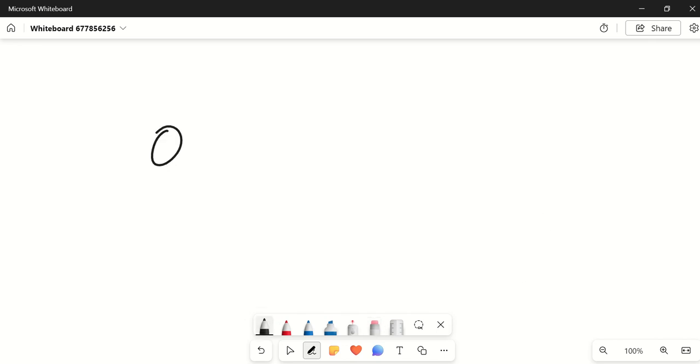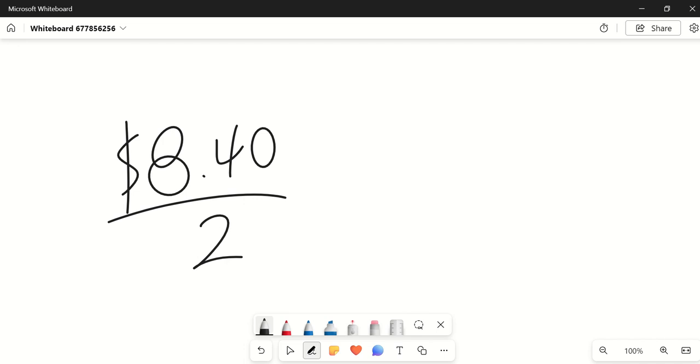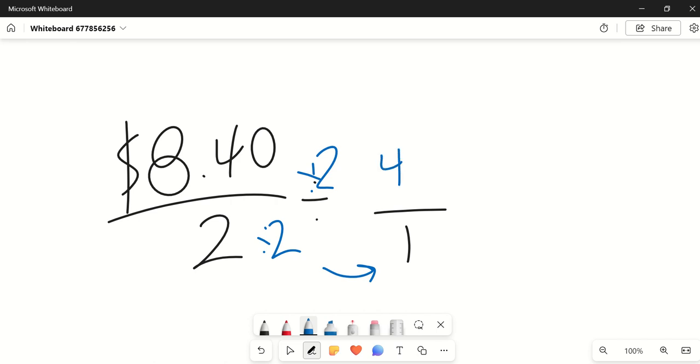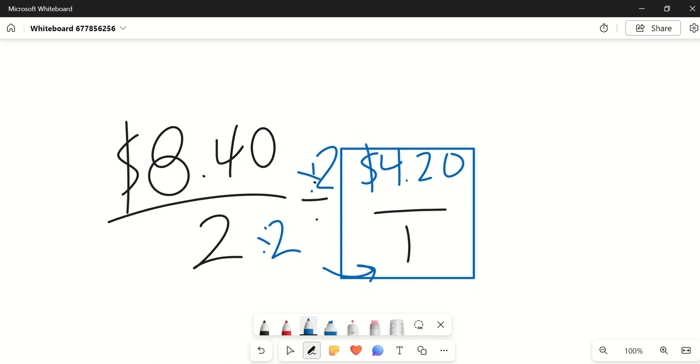The cost is $8.40. That's for 2 pounds of cheese. We want that 2 to become 1 because we want to know how much 1 pound of cheese is. So we're going to divide both by 2. Half of 2 is 1, so we made it 1 like we wanted. 840 will give me 420. So each pound of cheese costs $4.20. This is your rate of change.